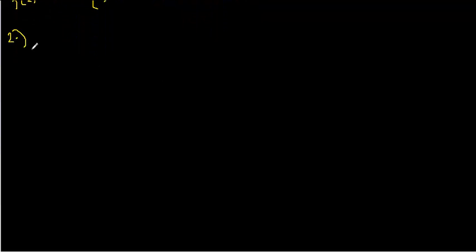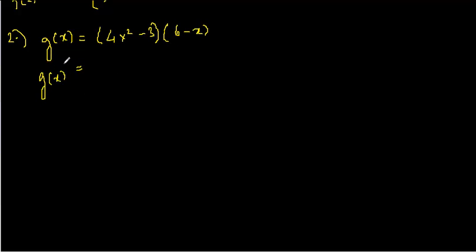Now let's do another example. Example 2. Usually polynomials are pretty easy for applying the product rule, and most of the time it's polynomials that come across using the product rule. You have to use the product rule in polynomials because the way it's set up, in the end it just comes down to using it. So we're finding the derivative of g of x, which is 4x squared minus 3 times 6 minus x. We have the first term, we have the second term. Let's say the first term is f of x, second term is g of x.